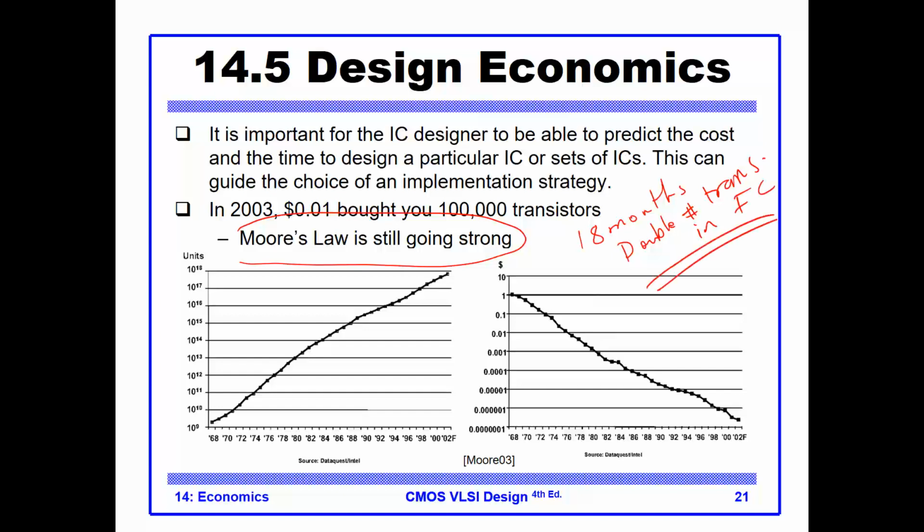Now, by the way, this has slowed down nowadays. People have made this 18 months to 2 years, and with people now talking about 5 nanometer technology and lower, it is becoming harder.